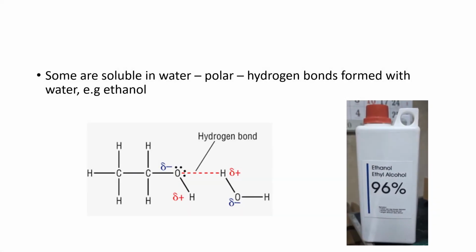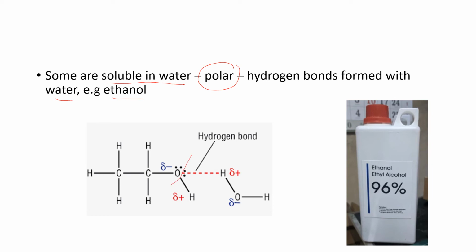Some covalent compounds are soluble in water. This is for polar covalent compounds, because hydrogen bonds form with the water molecules. For example, ethanol.